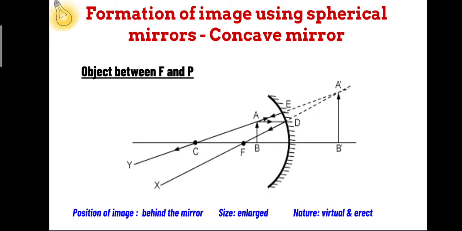Now comes the position of the image behind the mirror. This is the only position where you get the image behind the mirror, and the image is virtual and erect, whereas in all other cases it remains real and inverted.